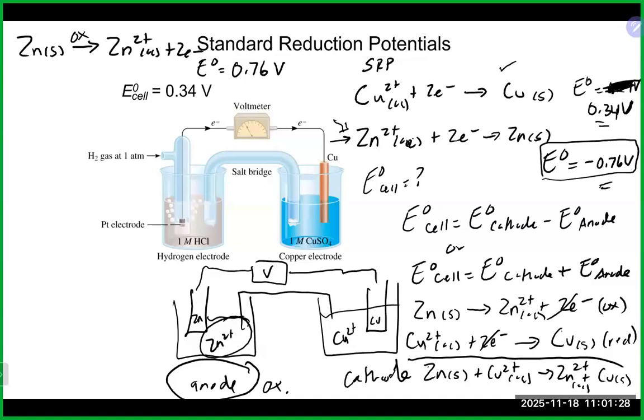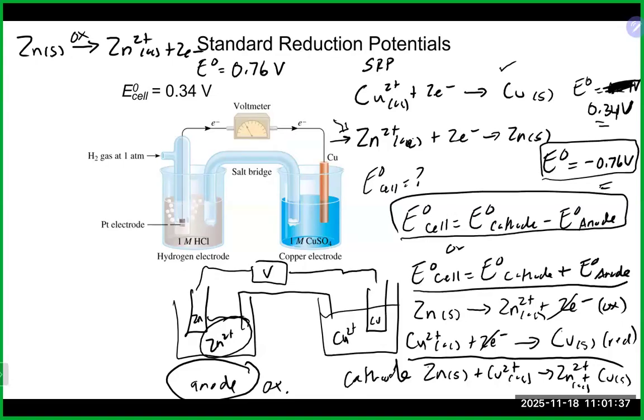Now, if we wanted to calculate the cell potential, we could do it with either of these two equations. And we could do it first off with the subtraction. Even though technically speaking, the anode reaction in our example here should have its SRP value reversed, if you choose to use the one where you subtract the two values, you should not change the sign that you find in the table.